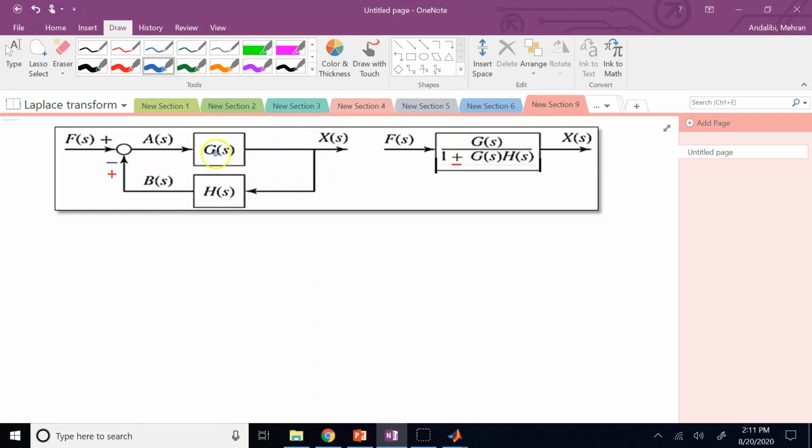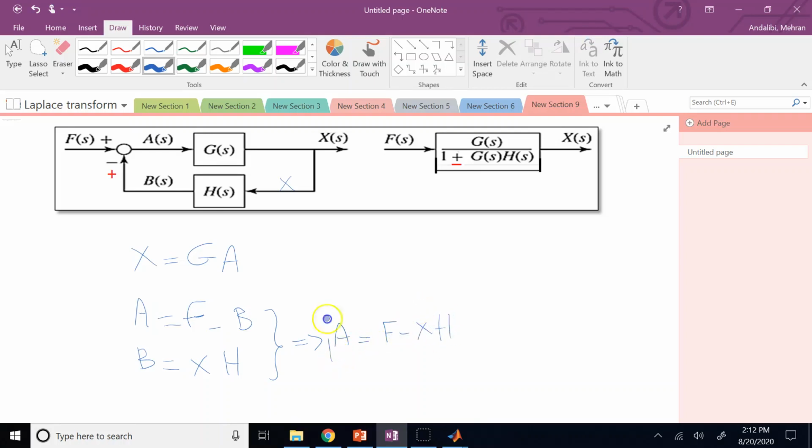Why? So if you look here, x here is g times a, right? So x is g times a, but what is a itself? A is f minus b, and what is b? B is x times h. So from these two, a is f minus x times h.